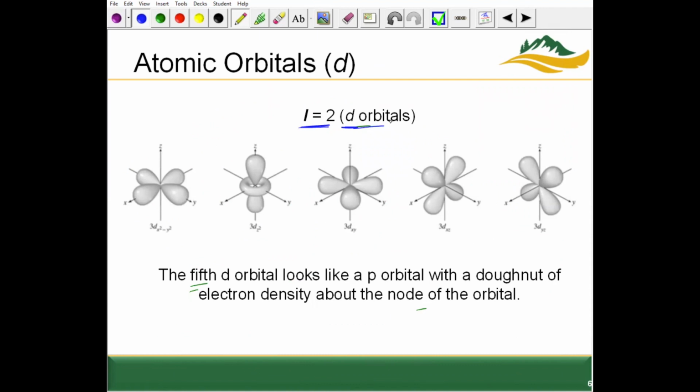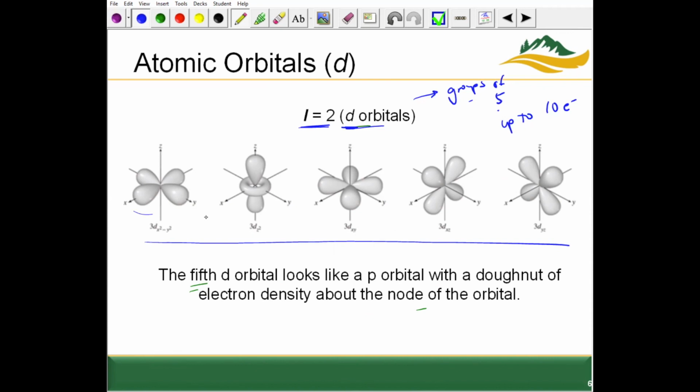Within d-shaped orbitals, these always come now in groups of 5. So like the p orbitals came in groups of 3, d orbitals come in groups of 5. Up to how many electrons can all of these d orbitals hold if there are 5? So the d orbitals can hold up to 10 electrons, 2 electrons per orbital.